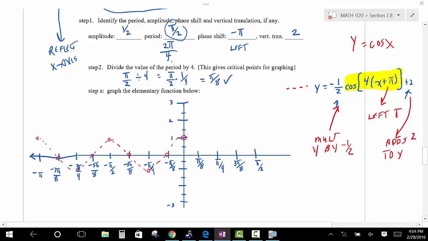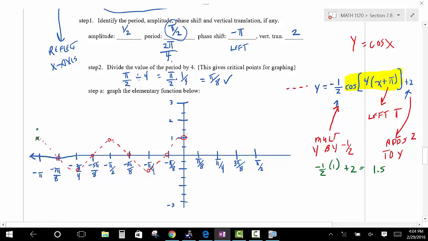What is the y value of this point? It's 1, right? So you do -1/2 times 1 plus 2, and that tells you where that point goes. If you work it out, it's 2 minus 1/2, so it's 1.5. So this point goes up to 1.5, like that. That's done, just by doing the arithmetic.